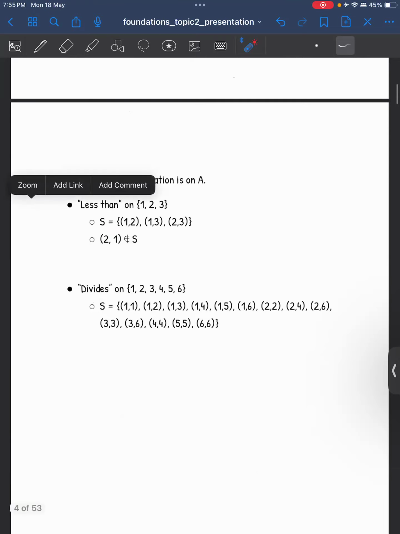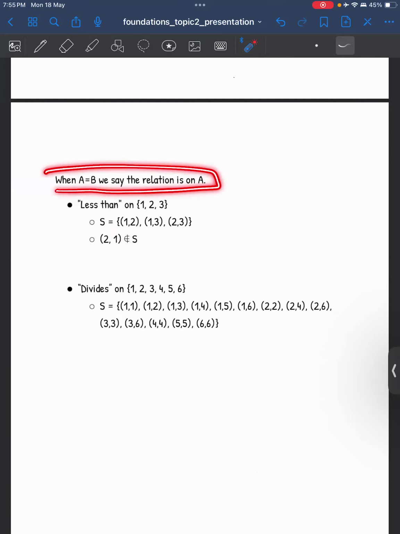When A is equal to B, we say the binary relation is on A. This is a special and very interesting case. We will see its structural properties soon. Here we have two examples. One is the less than relation.